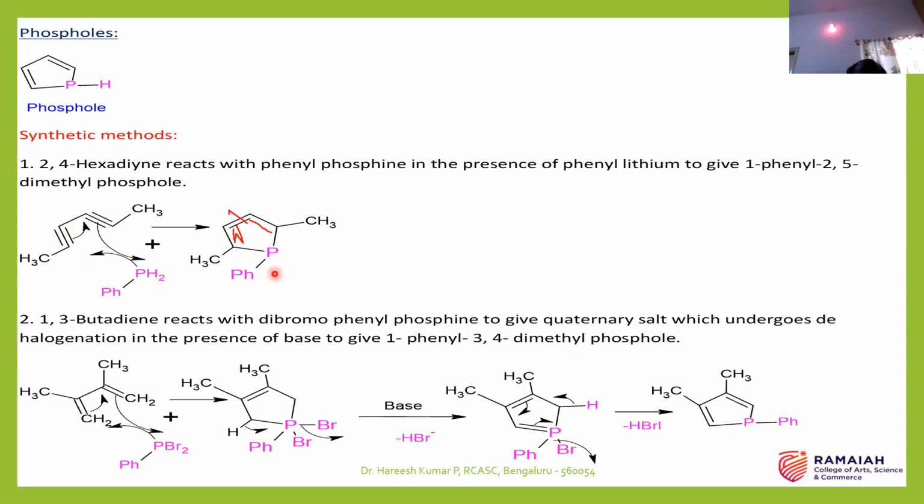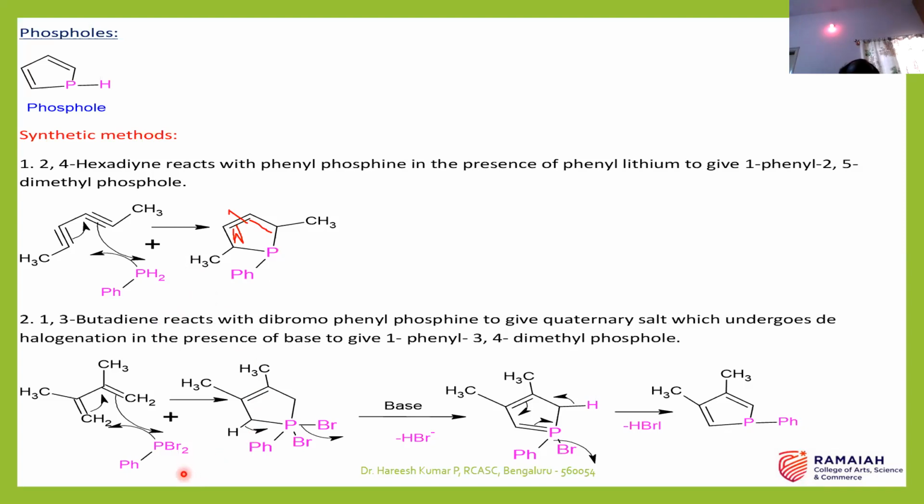So that is how 2,5-dimethyl-1-phenylphosphole is obtained, numbering 1 2 3 4 5. So it is possible to synthesize phosphole starting with 2,4-hexadiyne when it is treated with phenylphosphine.